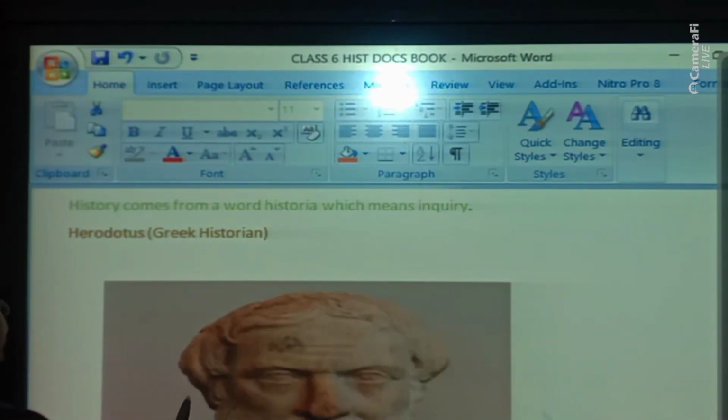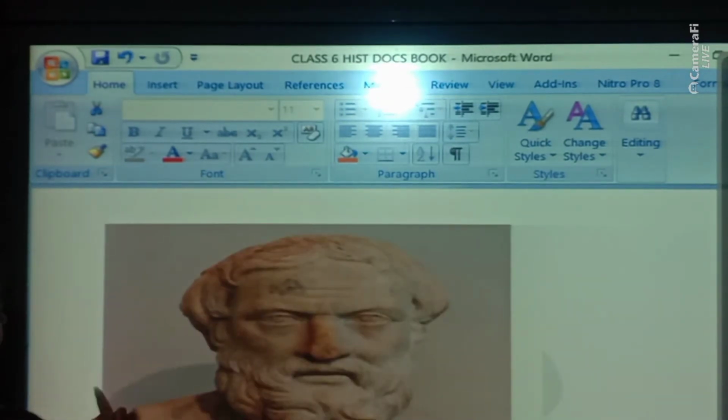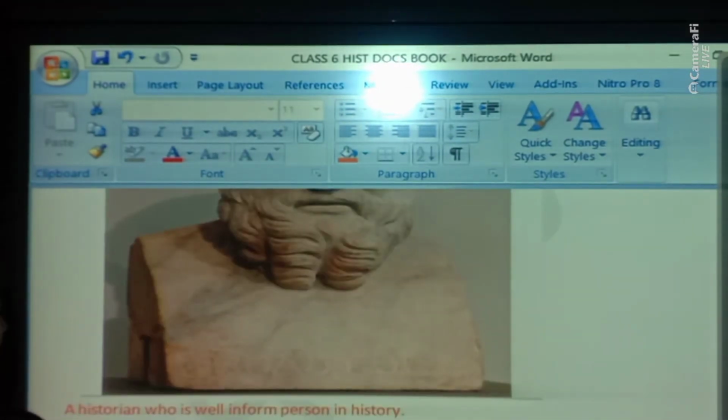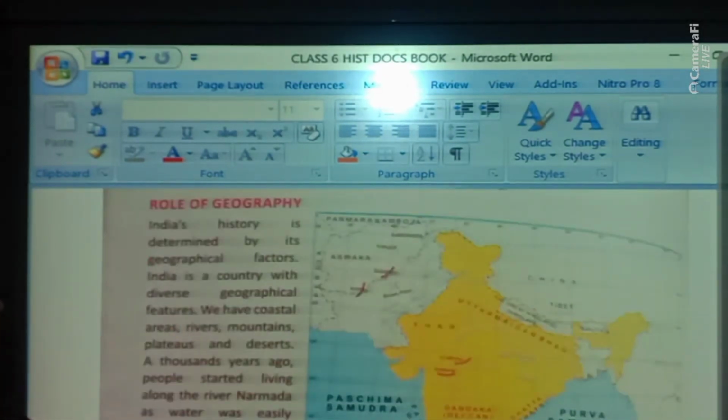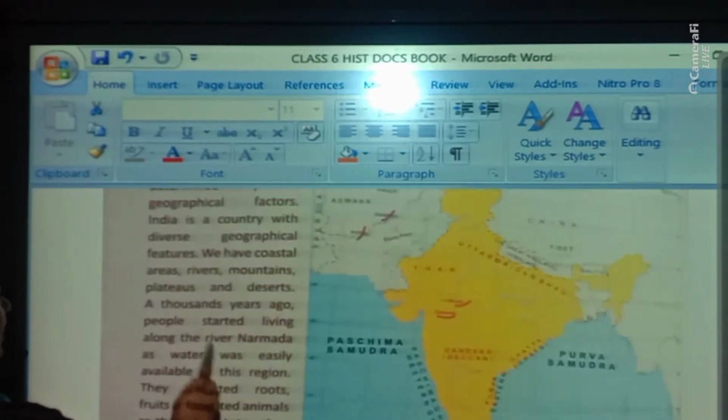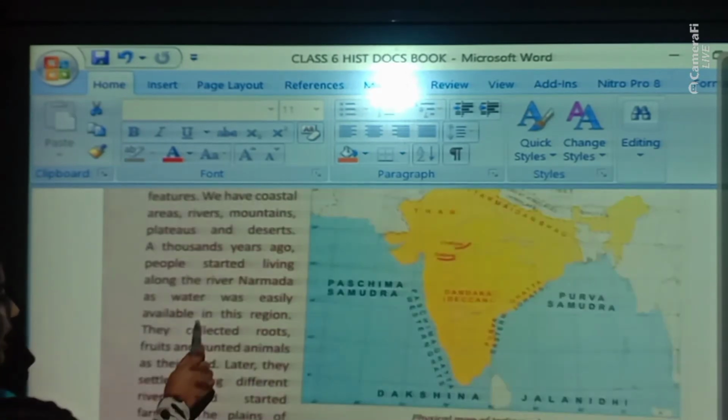A historian is a well-known person, here the Greek historian Herodotus. Now, the role of geography. We all know that India has great diversified physical features, where many civilizations started, basically along the Narmada river. Many people settled in a bay region.